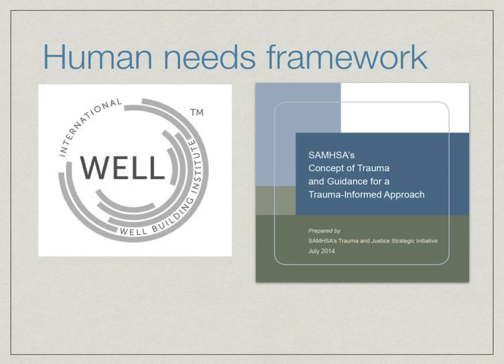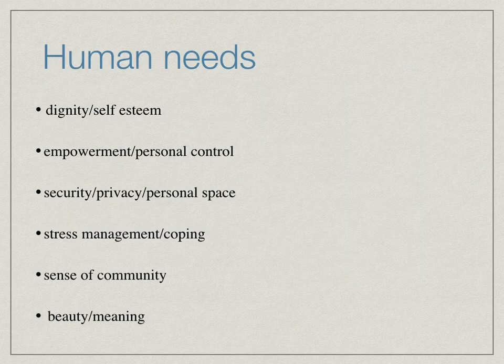These ideas track closely with the 6 key principles of trauma-informed care that the SAMHSA organization has put together, and also other frameworks such as the WELL standards by the International Well Building Institute. Here are the 6 human needs: dignity, empowerment, security, stress management, sense of community, and beauty and meaning.